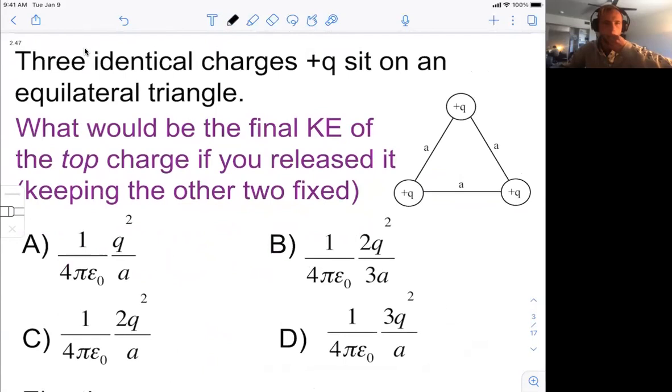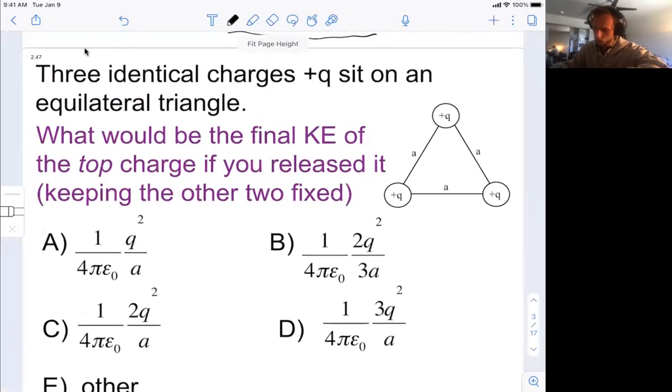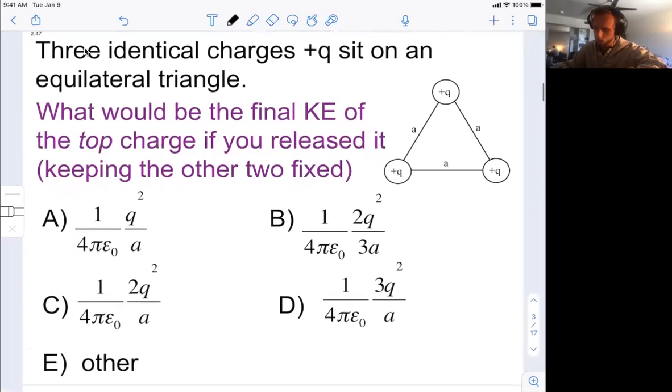They sit on the corners of a triangle with side A. If you release the top charge, with the bottom two still fixed, what is the final kinetic energy of the top charge? I will let you take a screenshot of the picture and I will send you to the breakout room. Take about a couple of minutes on this question.